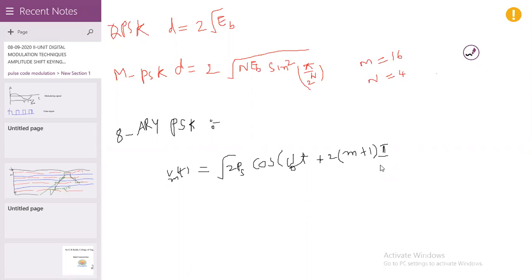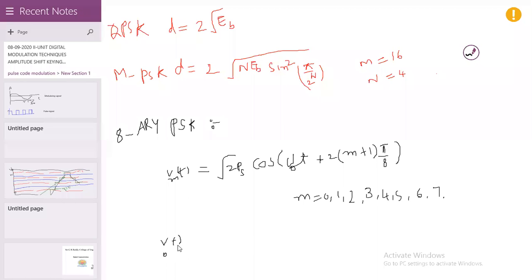Instead of M here you can write 8 for 8-array PSK, where small m equal to 0, 1, 2, 3, 4, 5, 6, 7, up to 7.